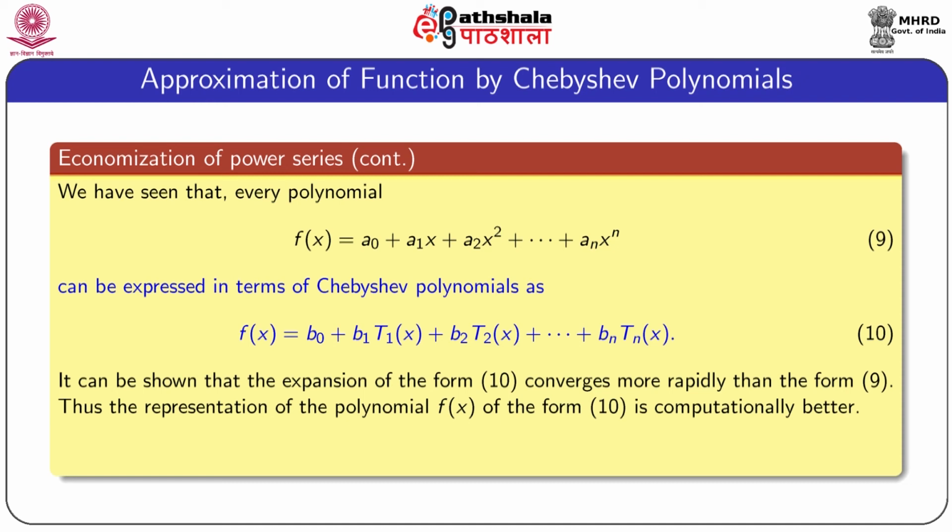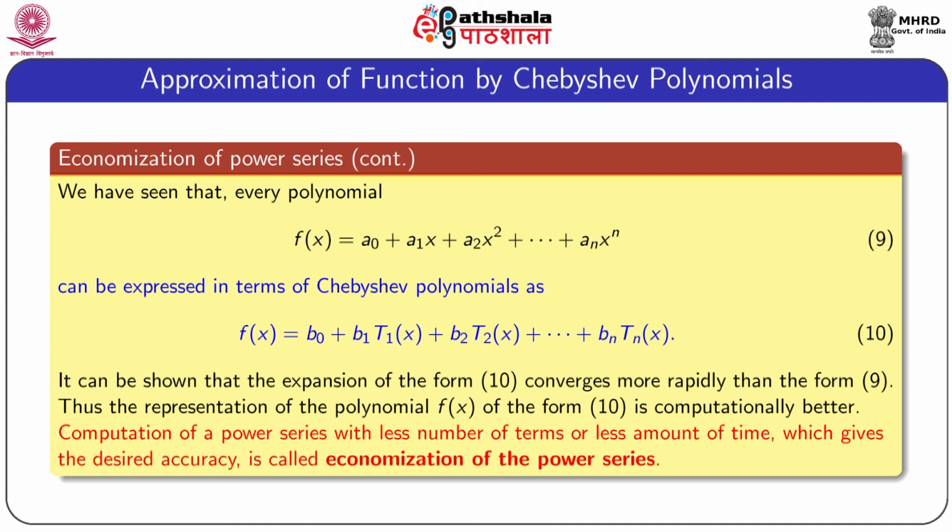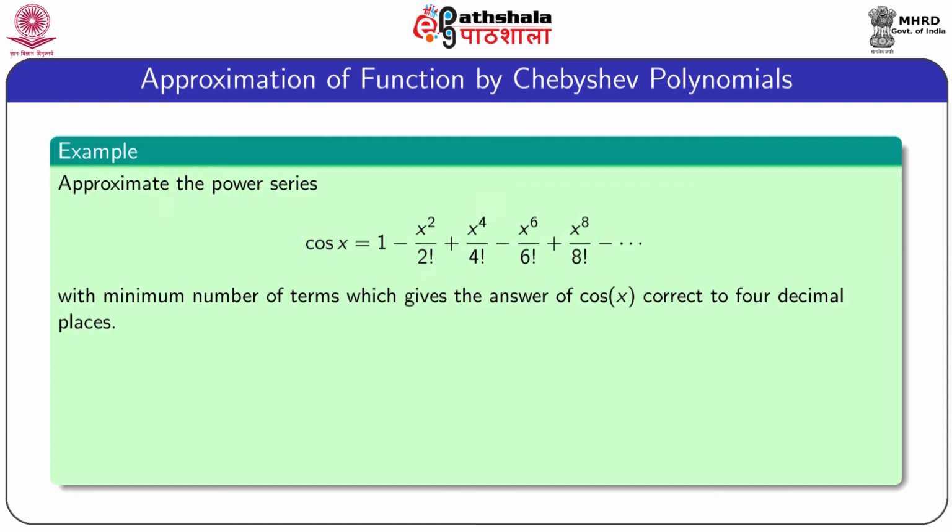Thus, the representation 10 of any function or any polynomial f(x) is computationally better than that of 9. The computation of a power series with fewer terms or less time, which gives the desired accuracy, is called the economization of the power series. Now, we explain this method with an example.